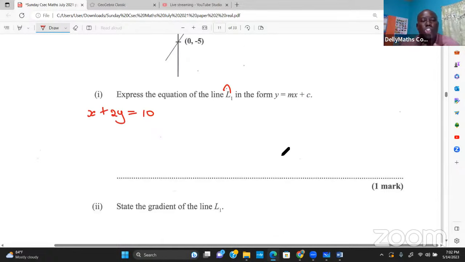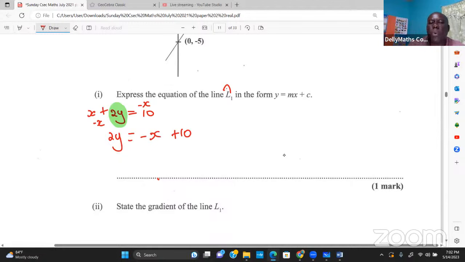X plus 2y equals 10, and we definitely want to express this in the form y equals mx plus c. So I need to have the y by itself, but I'm going to get rid of the x first. I'll subtract x from both sides. So now I'll have 2y equals negative x plus 10.